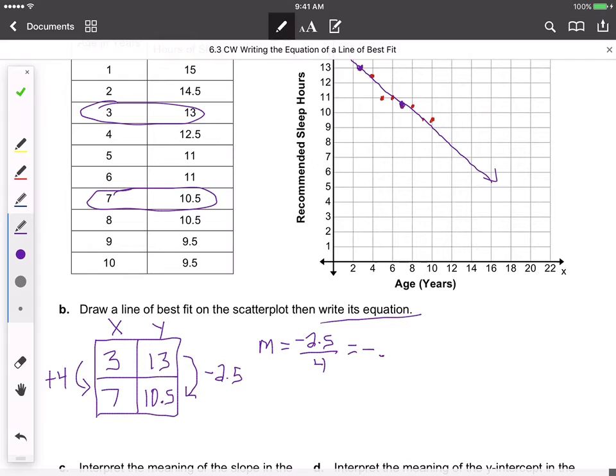So I'll round to 2 decimals and say that is negative 0.63. Alright, and then the next part is we have to find what our y-intercept is. So, go ahead and let me know what is the y-intercept going to be.